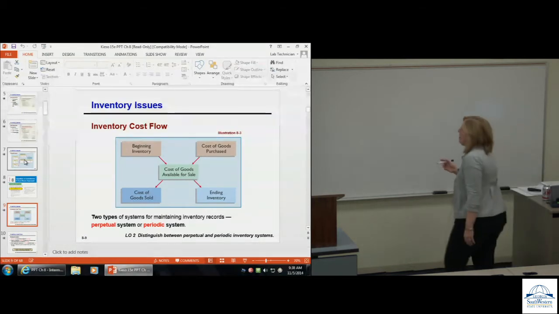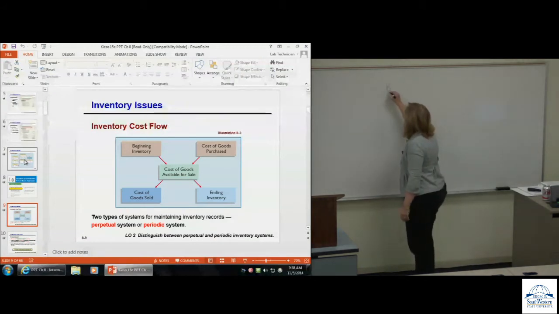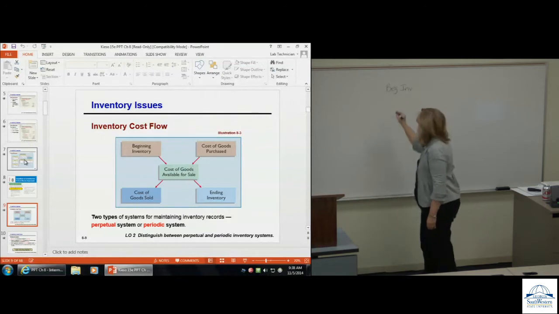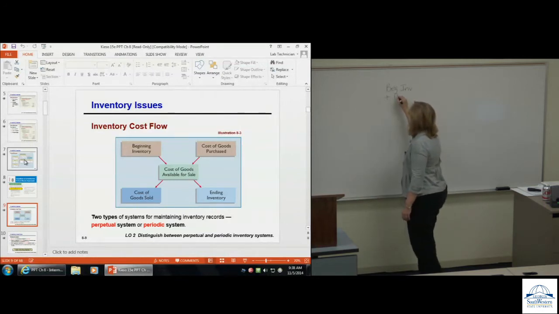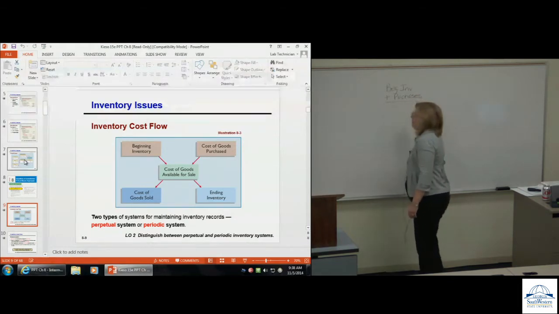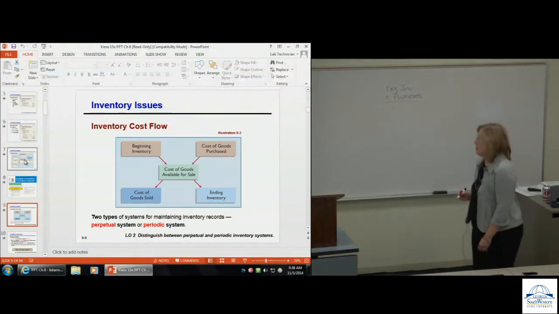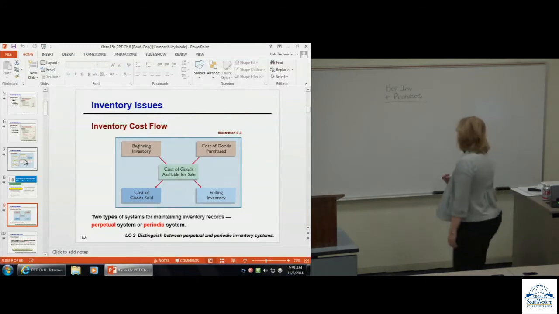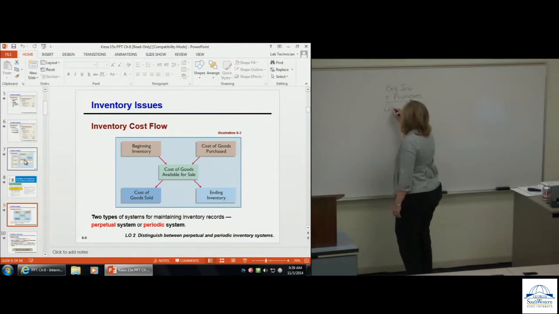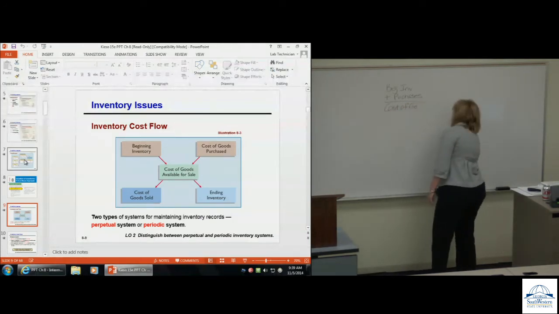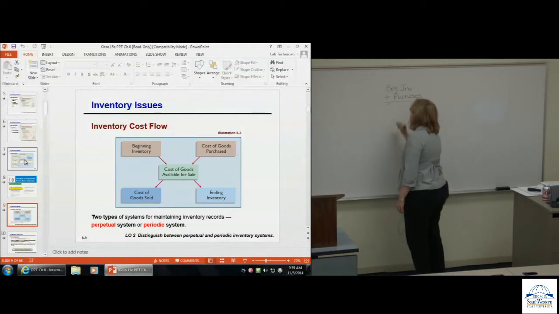Okay, so how it goes is beginning inventory, one of the things at the top, plus purchases equals what, Jeremy? Cost of goods available for sale. Okay, so cost of goods, or let's just call it this, goods available for sale.